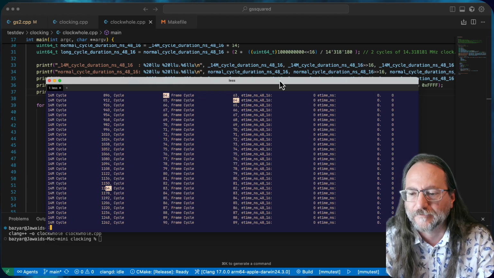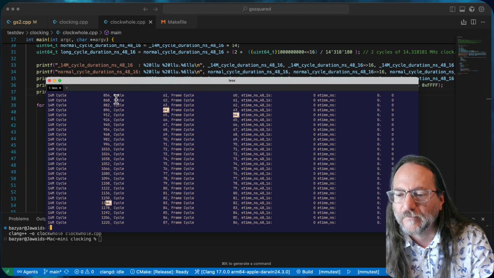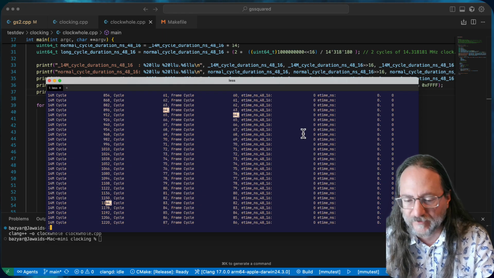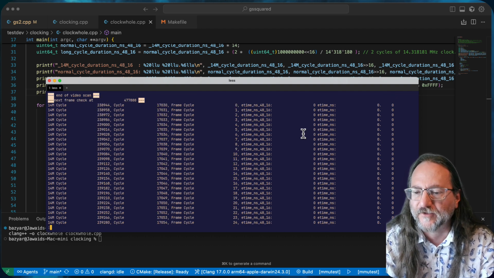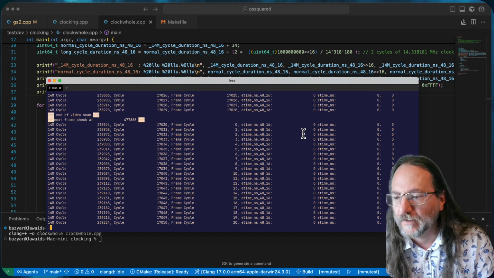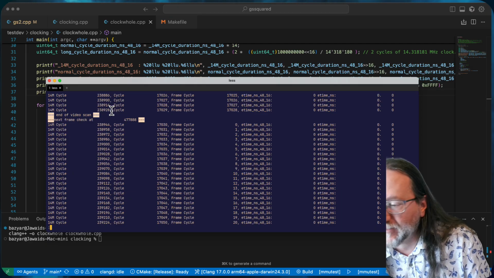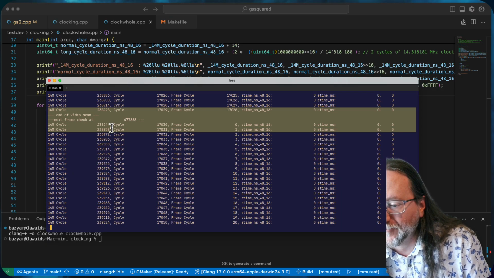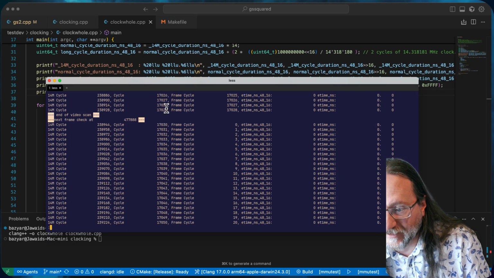Double check that. Yeah, 912. Okay, we're still there. And then let's go look at the end of the frame. All right, so you can see here that at the end of the frame, we have ticked over exactly 17,030 CPU cycles.